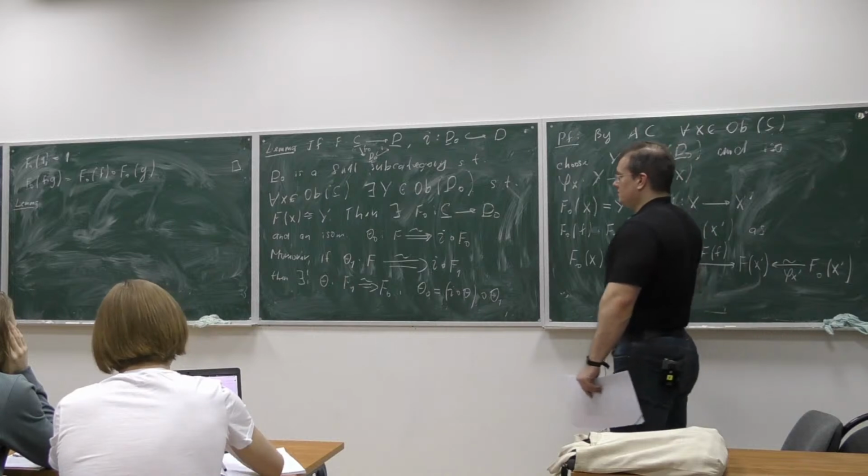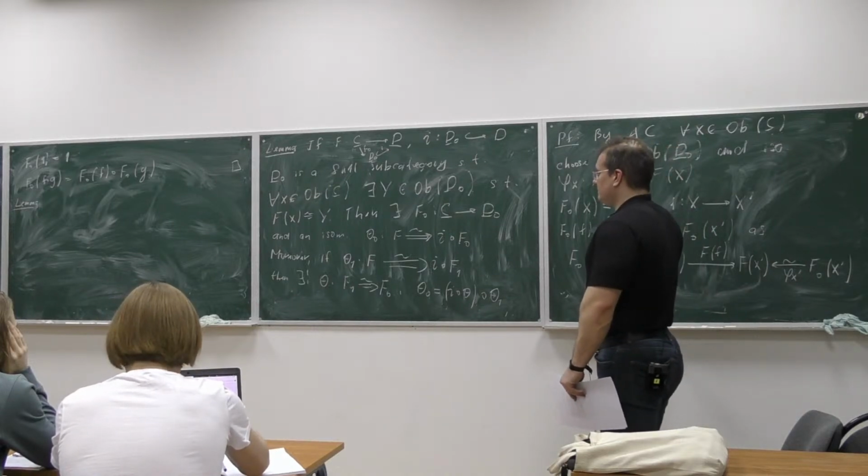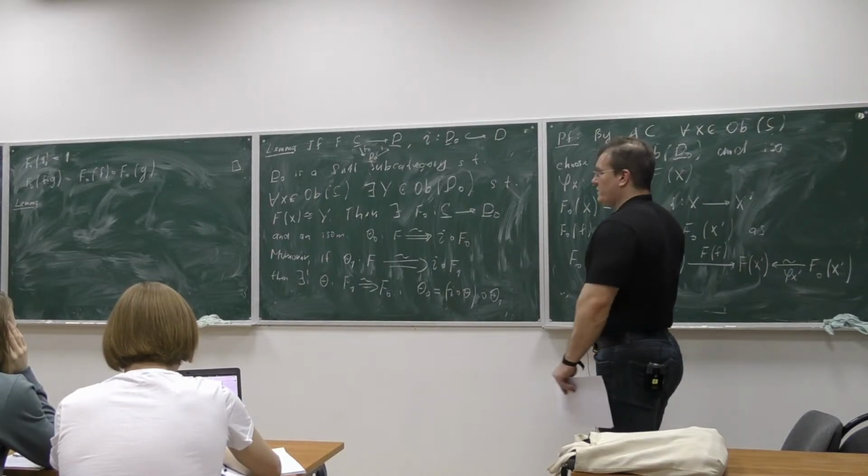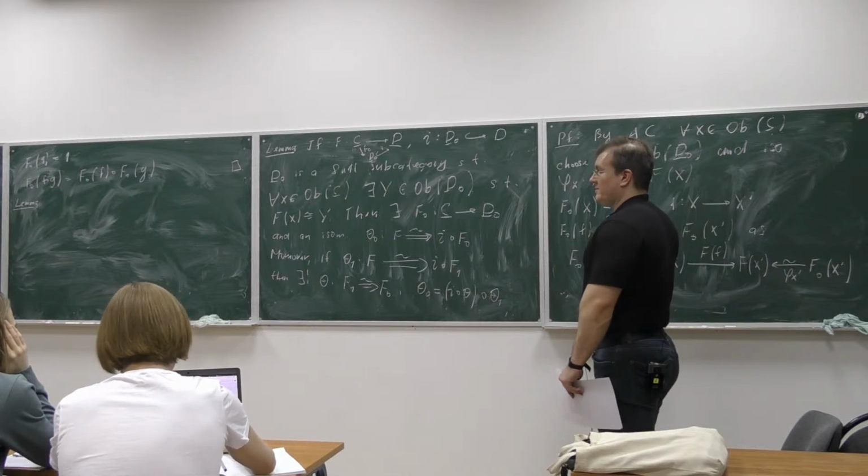But that's if f1 of x is actually isomorphic to some degree, right? Which are still isomorphic.